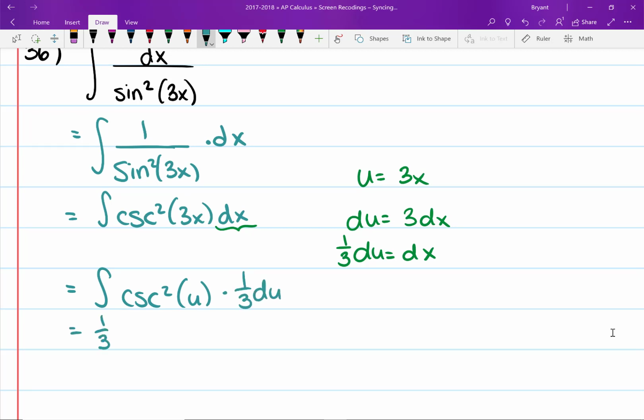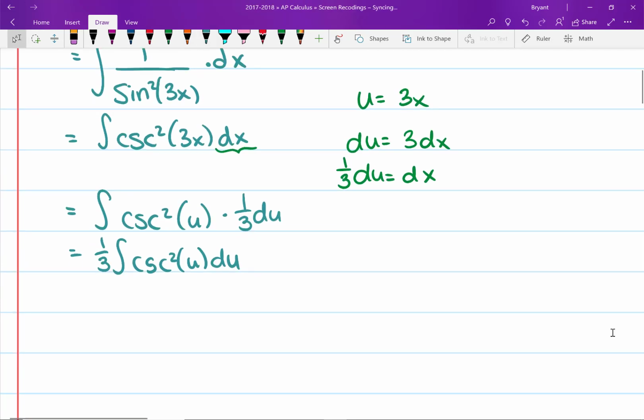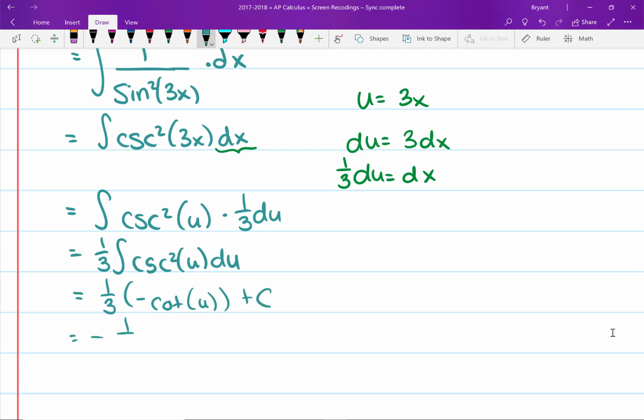I'm going to get that 1/3 on the outside of the integral and get cosecant squared of u du. The integral of cosecant squared is negative cotangent of u plus c. So this gives us negative 1/3 cotangent of 3x plus c.